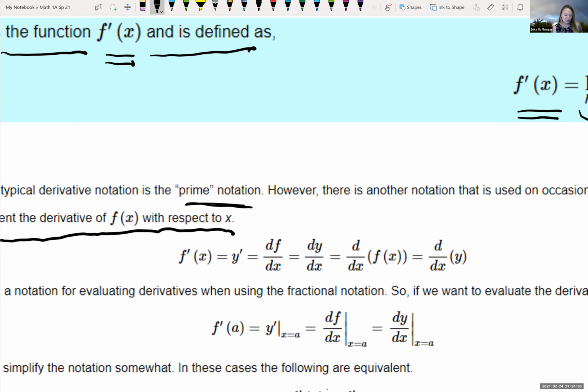Other notation is df over dx. It means the derivative of f with respect to x, but it reads df, say the letters, and then dx.